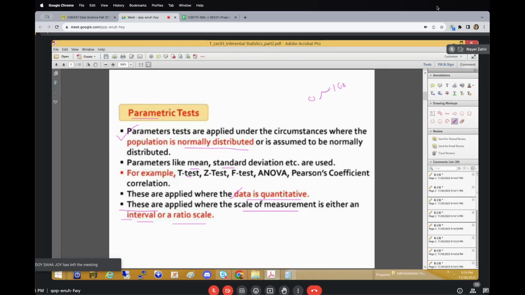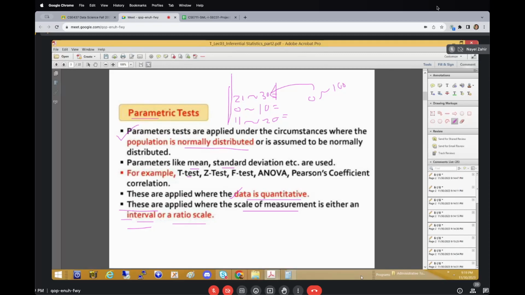But interval means we can divide this into a distribution, where the first interval is 0 to maybe 10, and then 11 to 20, and then 21 to 30. So we can see that there is even space, evenly distributed. Here is 10 elements, here is 10 elements, and 10 elements. That means these values are divided in some interval, or sometimes in ratio scale.